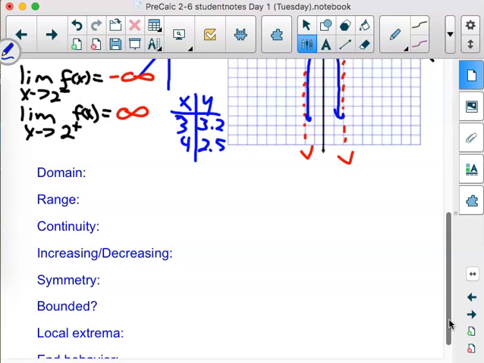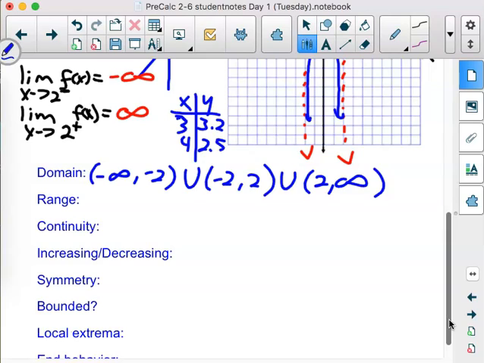Negative infinity to -2, union, -2 to 2, another union, and 2 to infinity. Good. So it seems like I should have given you time to write your answers down first before I asked. I will do that in the future.